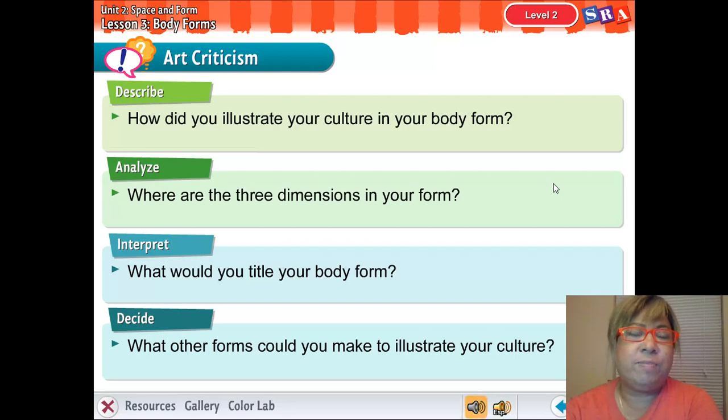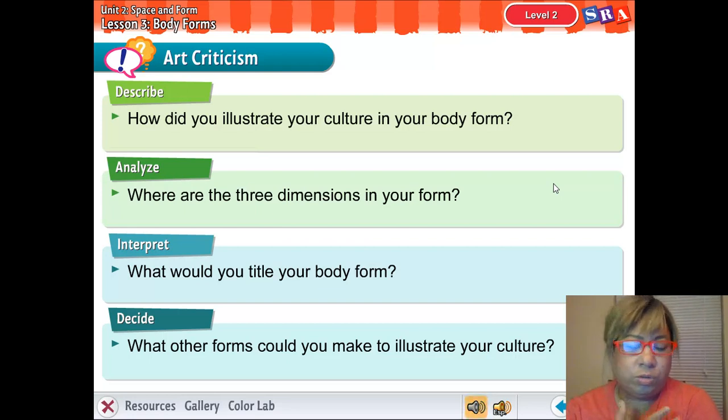So if you're a Native American, what are some things that you could do to make your figure look like it was Native American? Would it have a traditional costume? If you are from Mexico, what are some outfits that they wear in Mexico? If you are from Asia, different Asian people have different customs and different backgrounds, different clothing that they wear. If you're from Africa, you could do all kinds of things, okay?